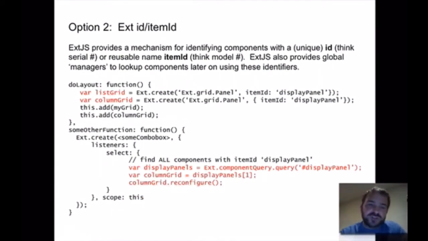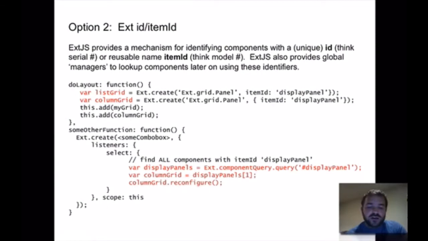Now, option 2 is that when you create those components with Ext.create, you set an ID or an item ID. It took me a little while to understand this, and I wish someone told me this, but when you create an object, you can say id: foo on a component, and that will give the item an ID. If you actually look in the HTML, that's the ID of the div tag.